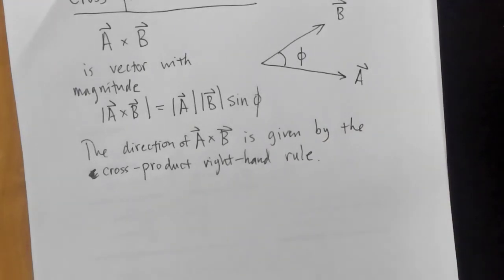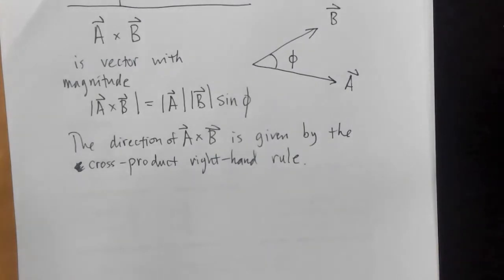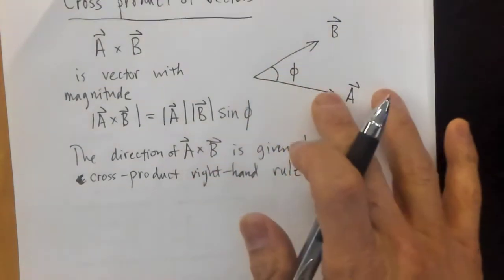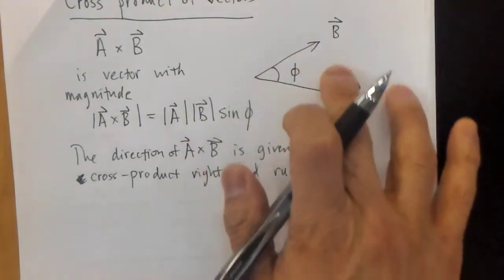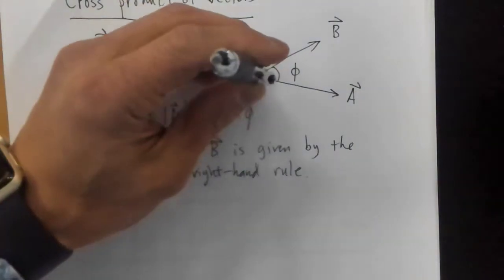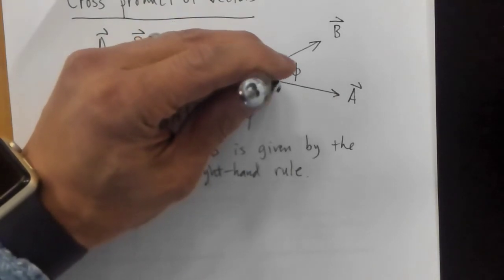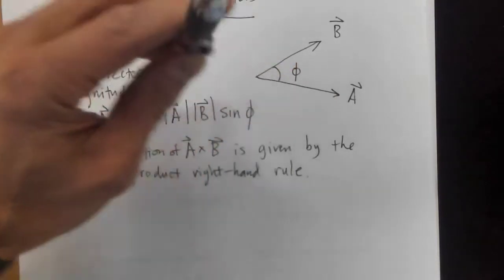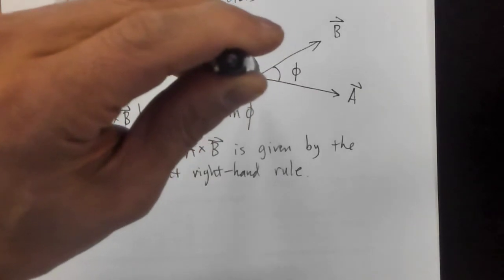Okay, so the first part of the cross product right hand rule is that the cross product is perpendicular to both vectors. In particular, these two vectors are on the same sheet of paper, or on the screen, and so the cross product is going to be perpendicular to both of them. Either it comes out at you like this, or it goes into the page like this.